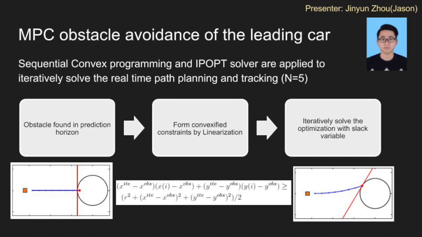The linearization takes as the operation point the x and y coordinates of the previous step in the iteration. Then we use sequential convex programming to iteratively solve the optimization with a slack variable. The slack variable is self-constrained and lets the iteration violate the constraints before it finally converges to a certain value.